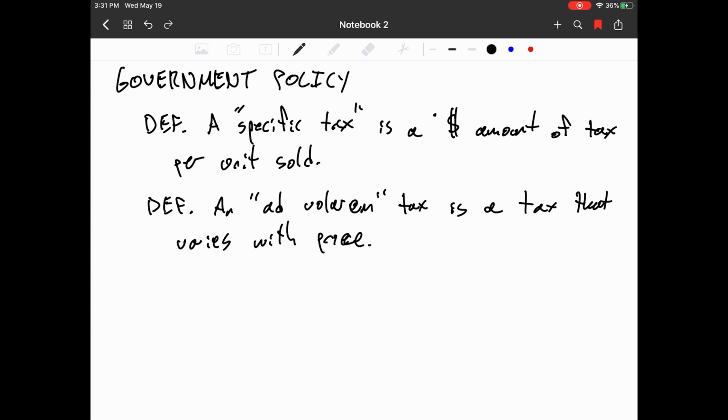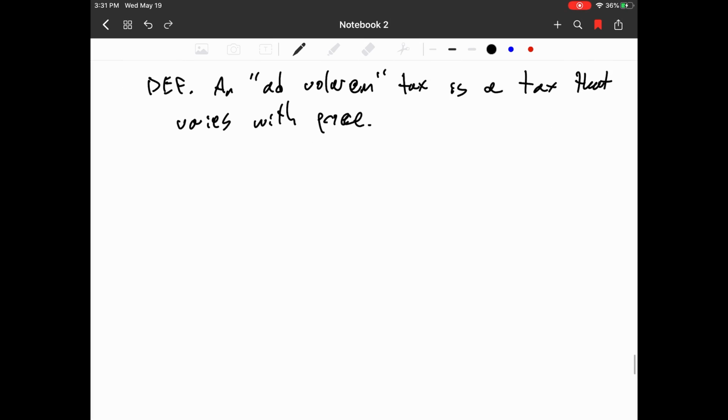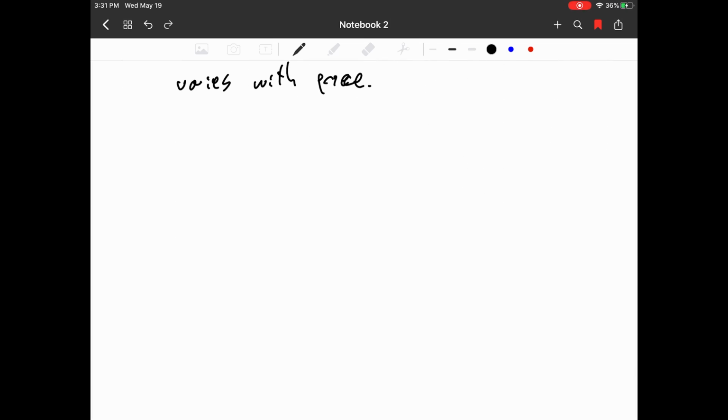So in the absence of a tax, the equilibrium price and quantity for cigarettes are where supply and demand intersect.